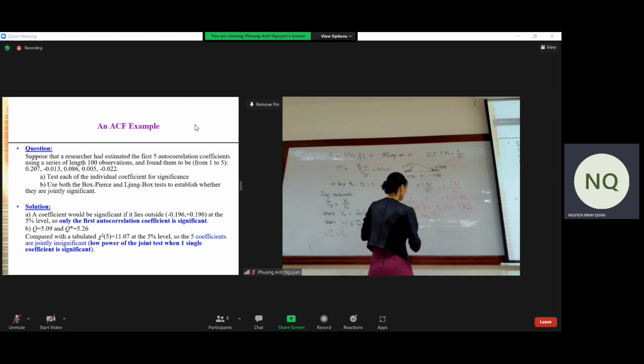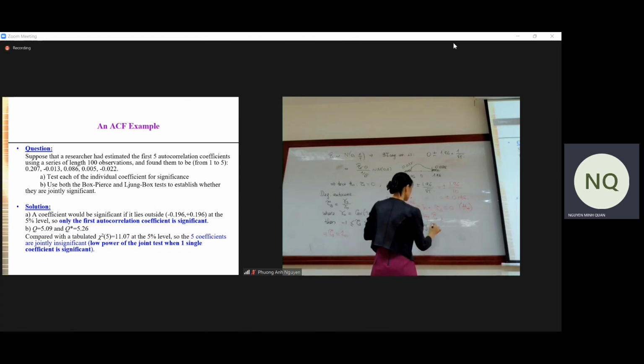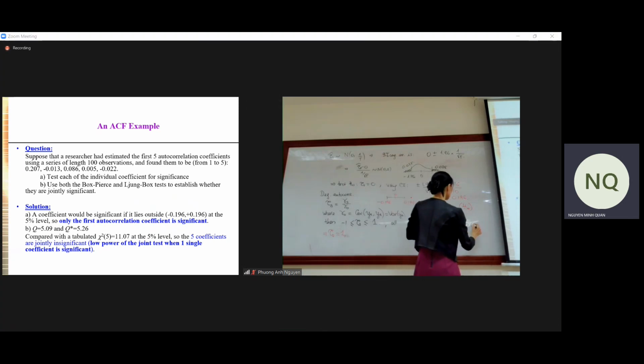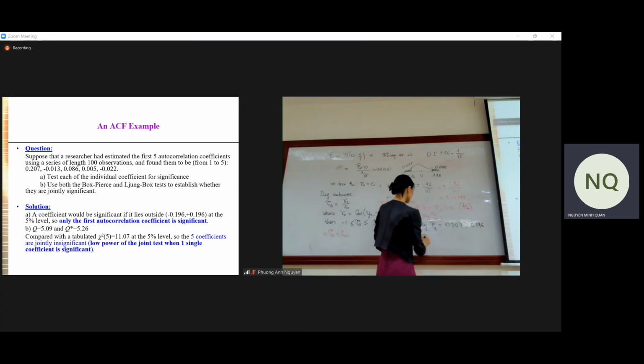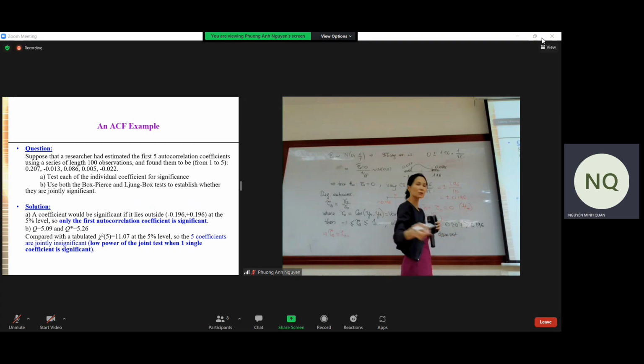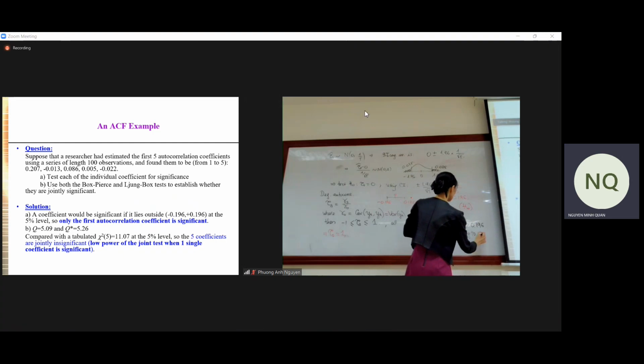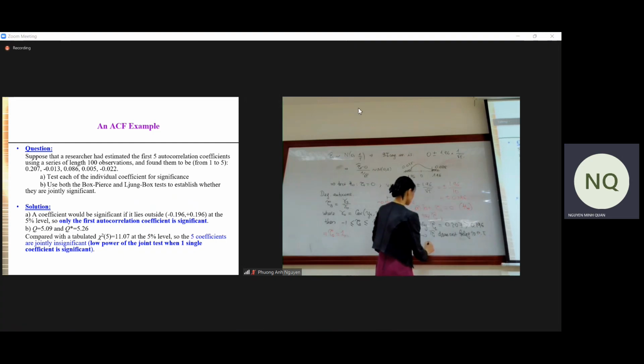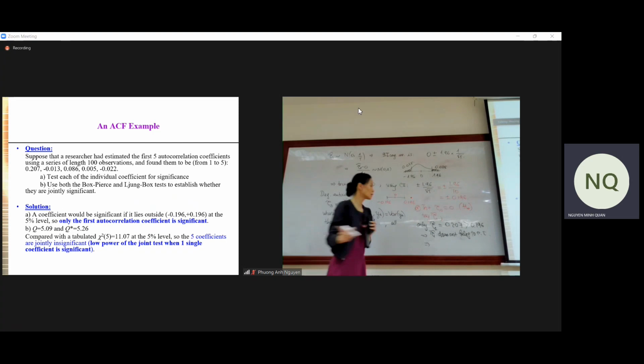So clearly, only tau 1 hat equal to 0.207 is greater than 0.196. So this one does not lie in the confidence interval, does not belong to the confidence interval at 95%.